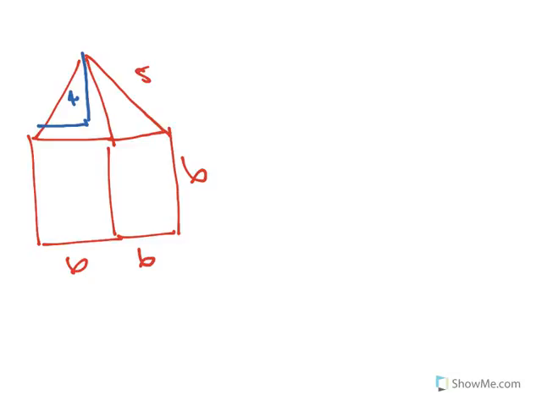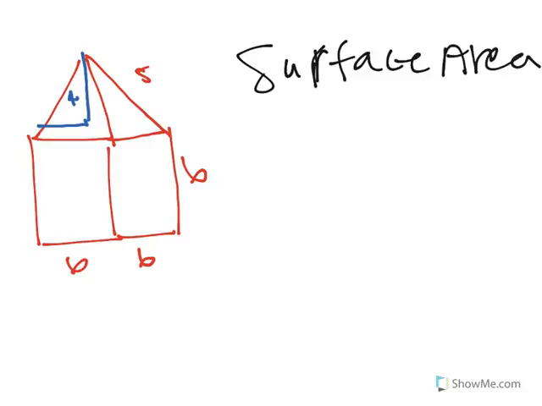Okay, so the next thing you find when you're studying composite solids is surface area. So we'll first start by finding the surface area of the cube. So that is length times width, so pretty much just that, squared, times 6.